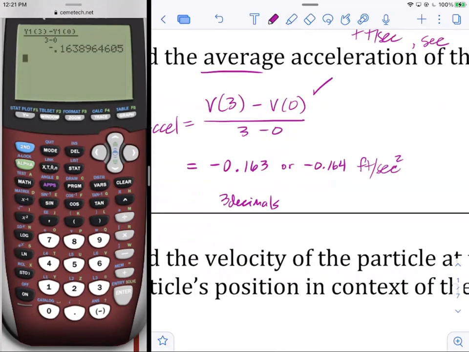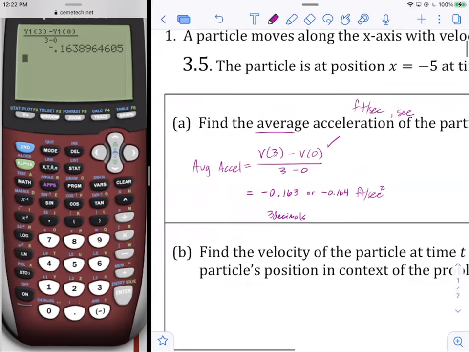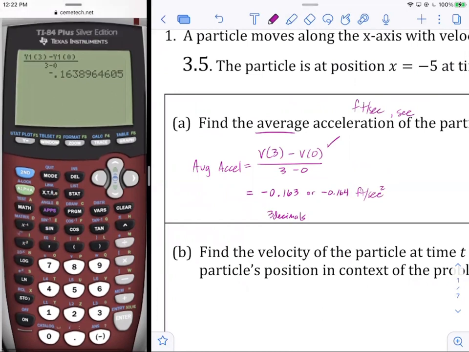So you always want to include units on any final numeric answer, on your dependent output variable. And then if you ever write a sentence, you have to have both units on the independent input and the dependent output. All right, and that's it. Easy enough, right? That's letter A, average acceleration.